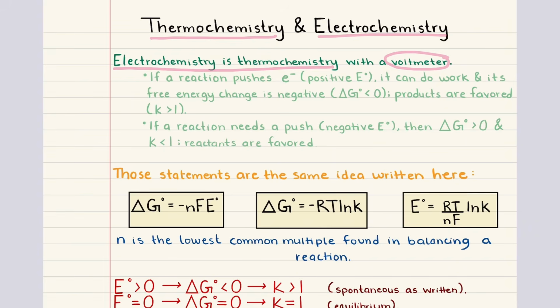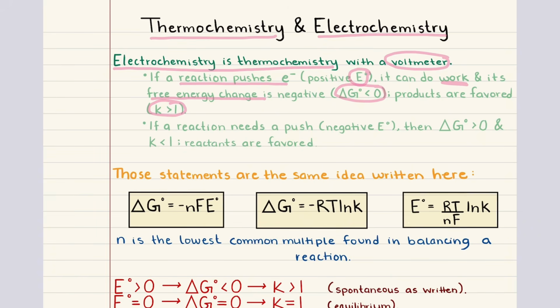So let's start with the big idea. If a reaction pushes electrons forward on its own, meaning it has a positive cell potential, then it is capable of doing work. When a reaction can do work, its Gibbs free energy change is negative, which means the products are favored and the equilibrium constant is greater than 1.